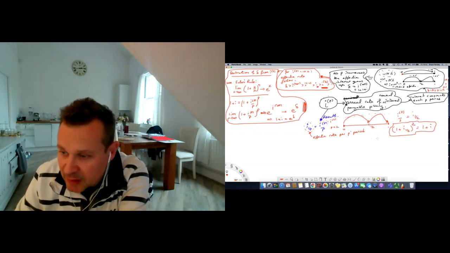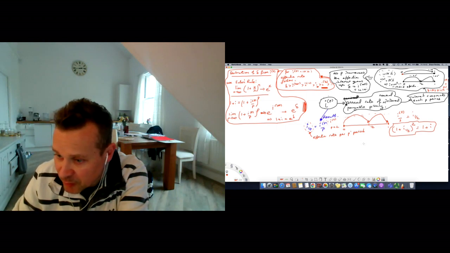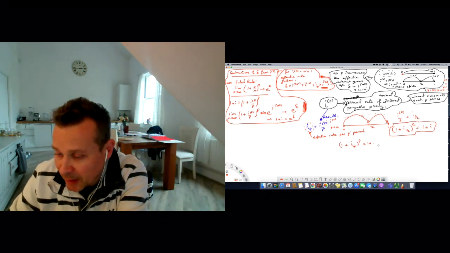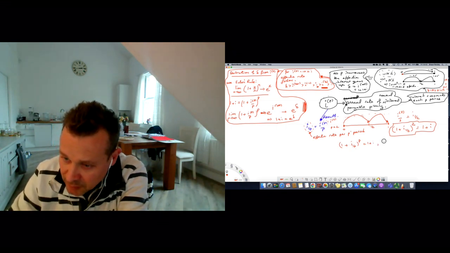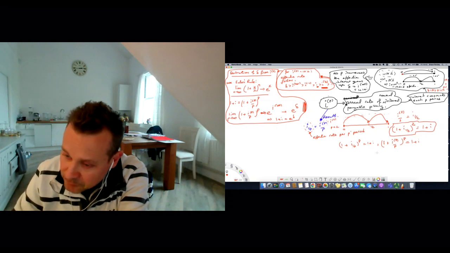And of course we can generalise this. We can change the p equals 2. We can just plug back in (1 plus i to the 1 over p) to the p equals 1 plus i. And then we can swap that back out as well: (1 plus i to the p over p) to the p equals 1 plus i.